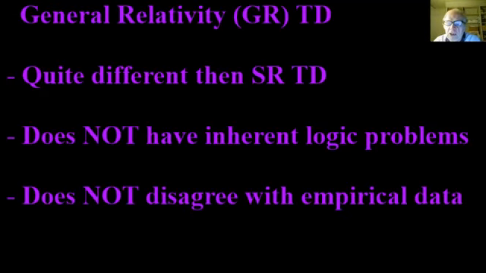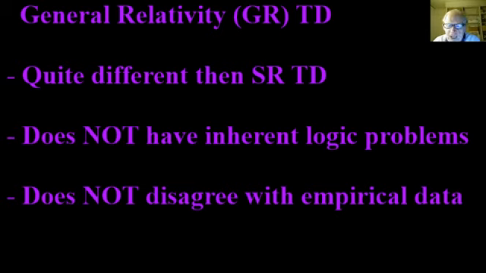First, we'll look at general relativity's time dilation. Well, it's quite different than special relativity's time dilation. In fact, they're so qualitatively different, it's unfortunate and really misleading to give them the same name, time dilation, as they're really very different constructs.